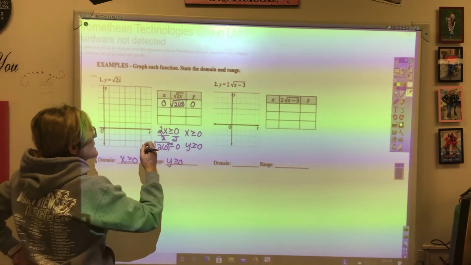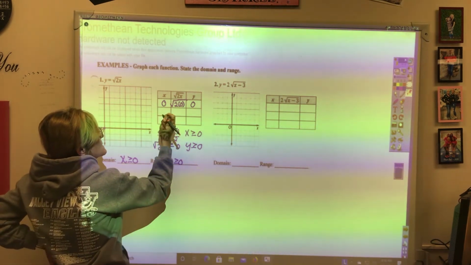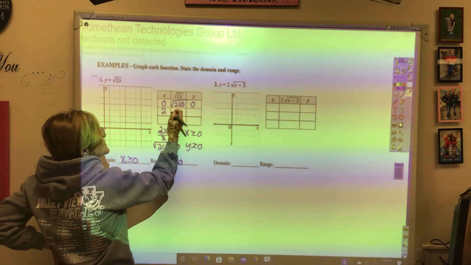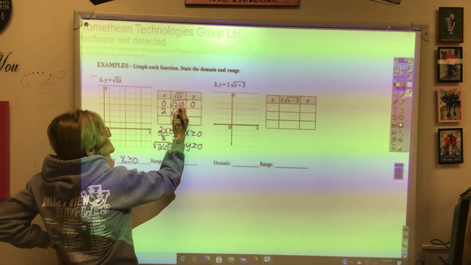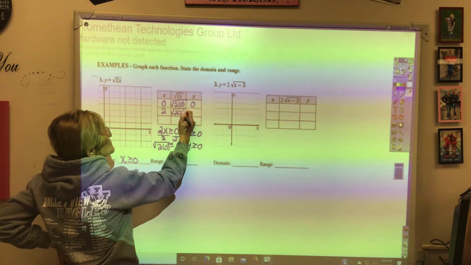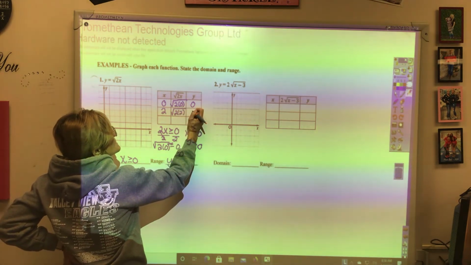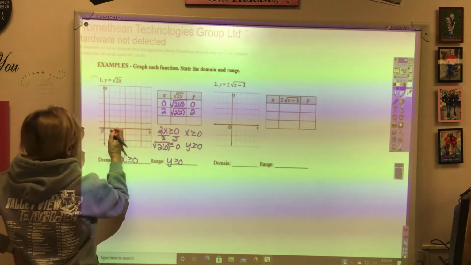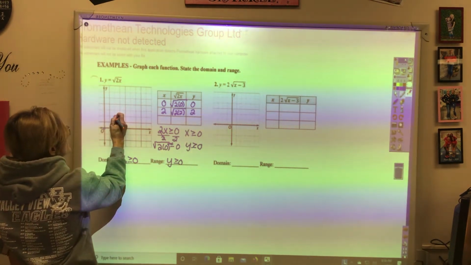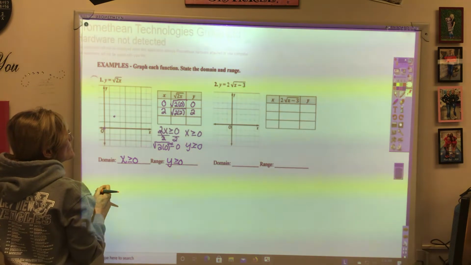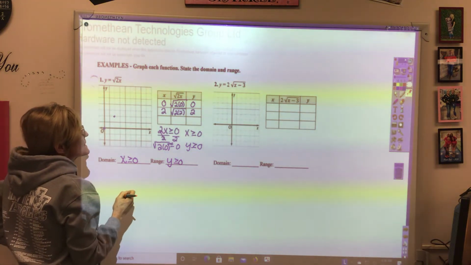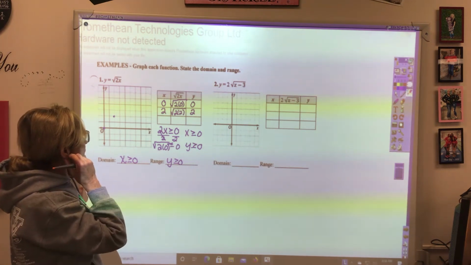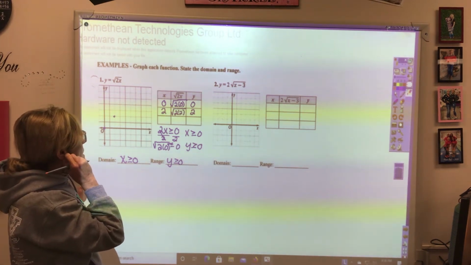The square root of 2 times 2 would be the square root of 4, which is 2. So we have a point at 2, 2. Now, the next number I think I'll put in, let's see, I can't get the square root of 9 from multiplying by 2. I'm going to put an 8 in.